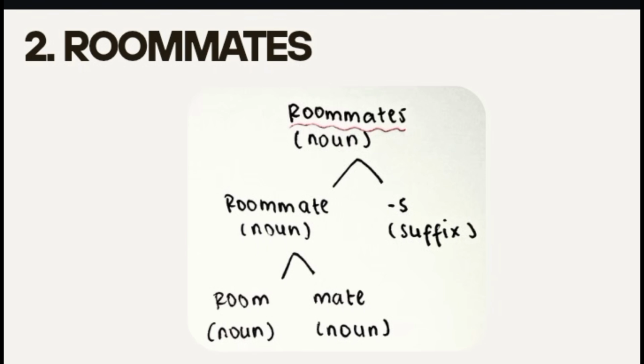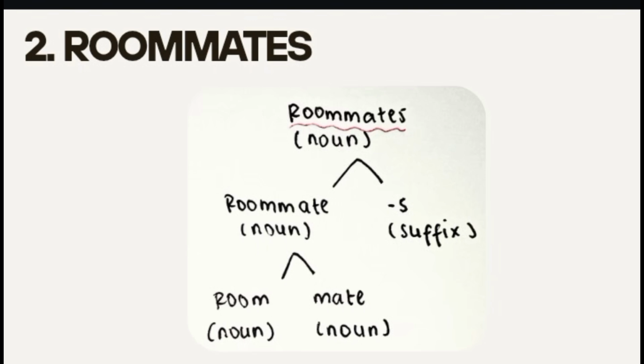This s is a bound morpheme, specifically an inflectional suffix, because it doesn't change the word category. It's still a noun, but it changed the grammatical function from singular to plural. So, in the tree diagram, we join room and mate first, and then we attach the plural marker s.